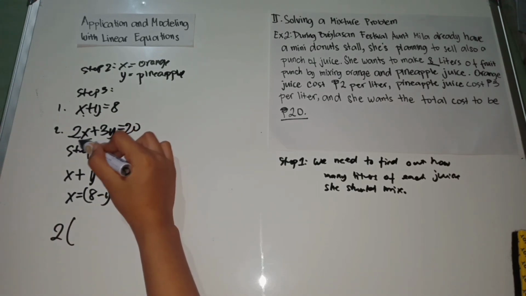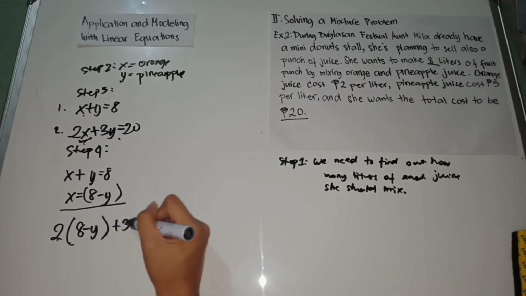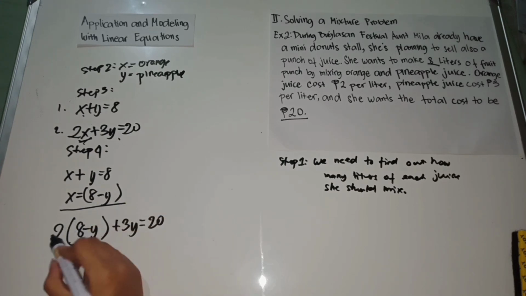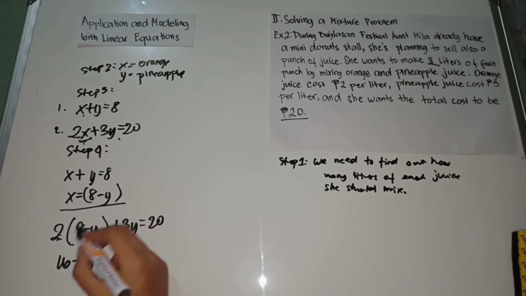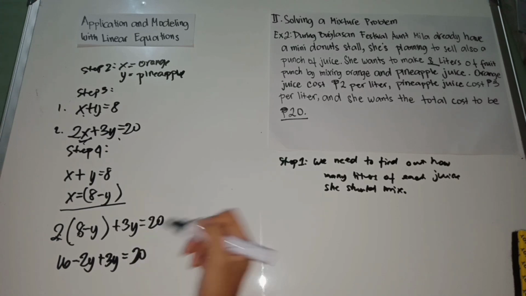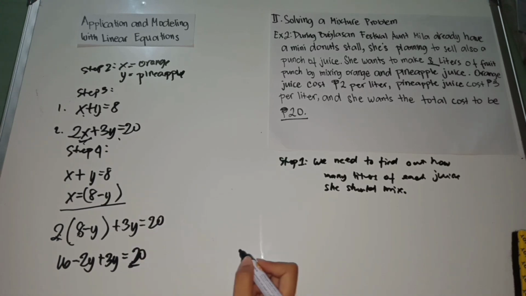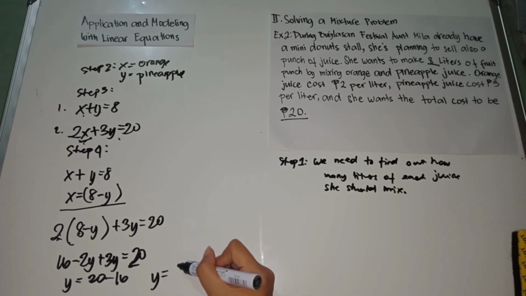We have already the value of x here, so 2 quantity of 8 minus y plus 3y equals 20. 2 times 8 is 16. 2 times y, negative 2y, and plus 3y is equal to 20. And we have y is equal to 20 minus 16, and y is equal to 4.